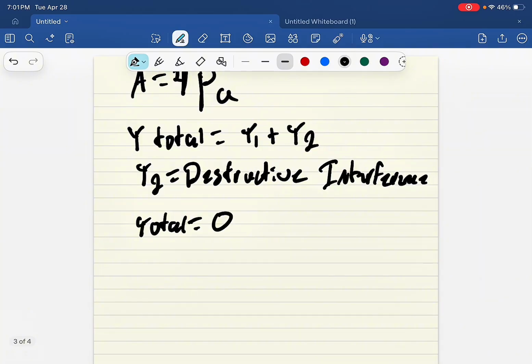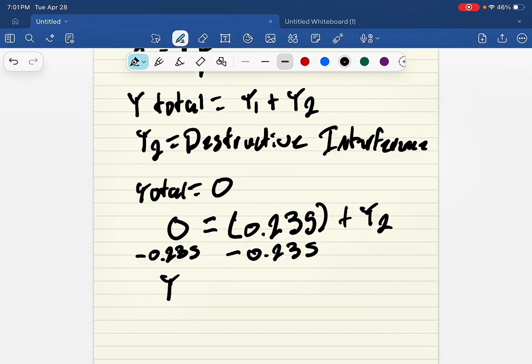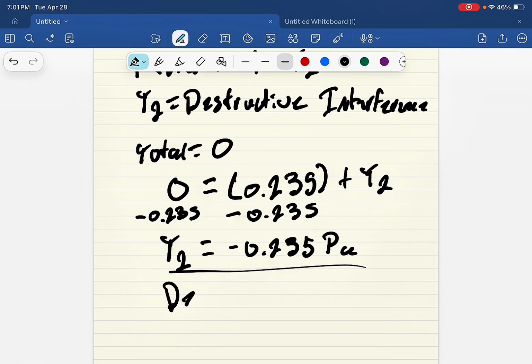So we can say, okay, 0 equals 0.235 plus y2. Then you're going to subtract 0.235 from both sides. We can see that y2 is equivalent to negative 0.235 pascals. This represents our destructive interference.